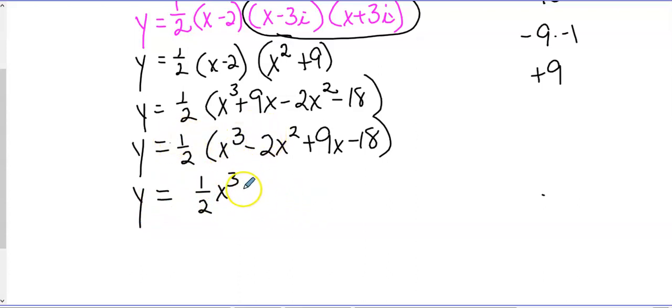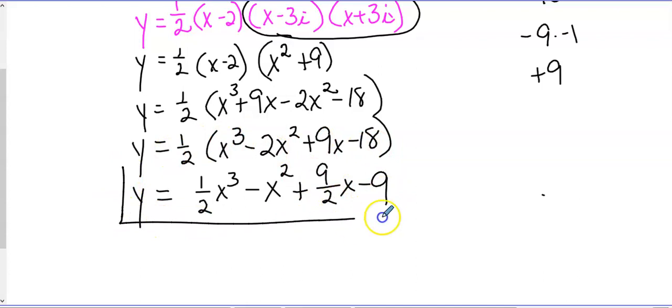Negative 2 divided by 2 is negative 1, so minus x squared plus 9/2 x, and then negative 18 divided by 2 is negative 9. So this would be that cubic polynomial, and you see the leading coefficient is still 1/2. It's cubic. The highest degree is 3.